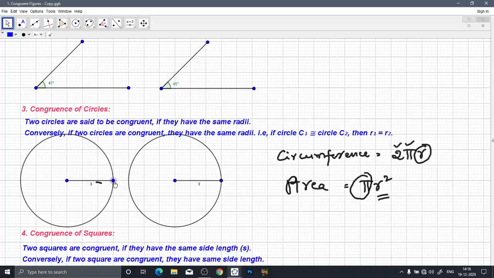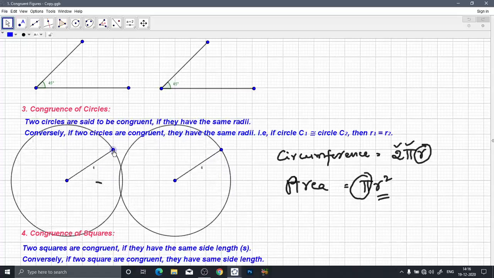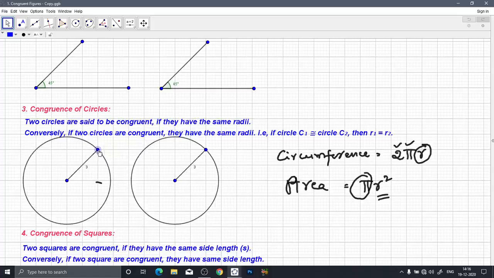If I change the radius to 4 centimeters, both of them change their circumference as well as the area simultaneously. If I change this to 3 centimeters, this also changes, with the same circumference and the same area.